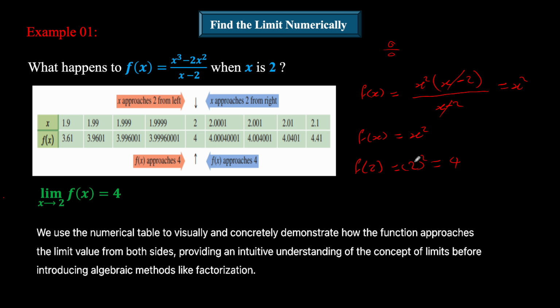So you can directly say that as x approaches number 2, the limit of f of x is equal to 4. You see how fast it was? In the future we will use those rules, and we will see some more rules also.